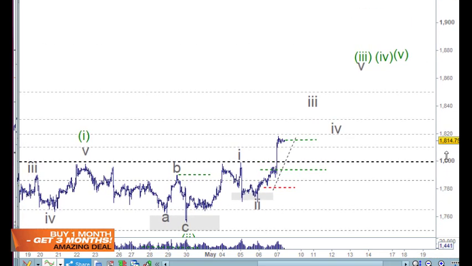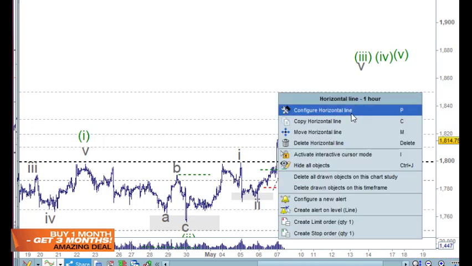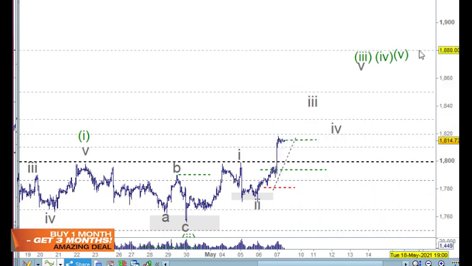So from 1800 to 1900, we'll have the Fibonacci sequence of numbers, which is 1, 2, 3, 5, and 8. And then we go back to the beginning again. So they're the levels here.